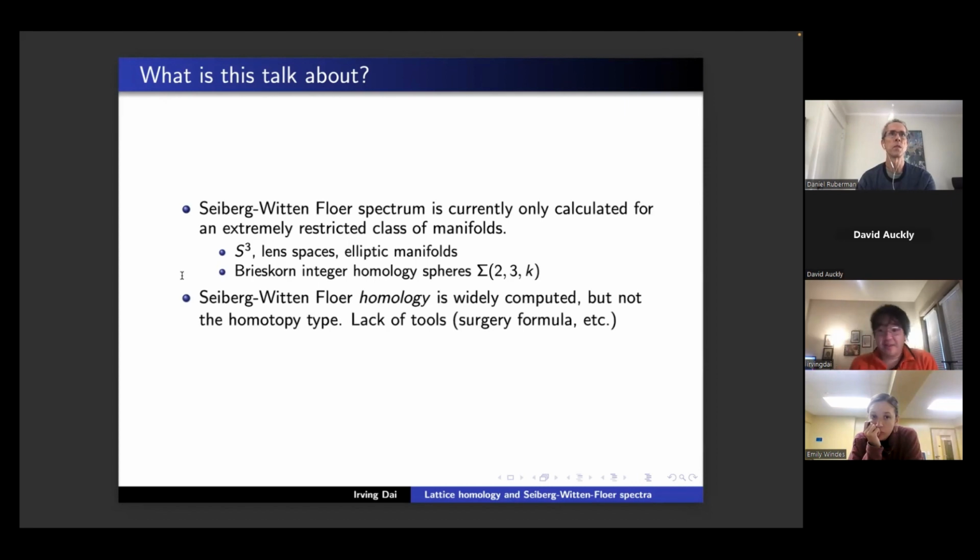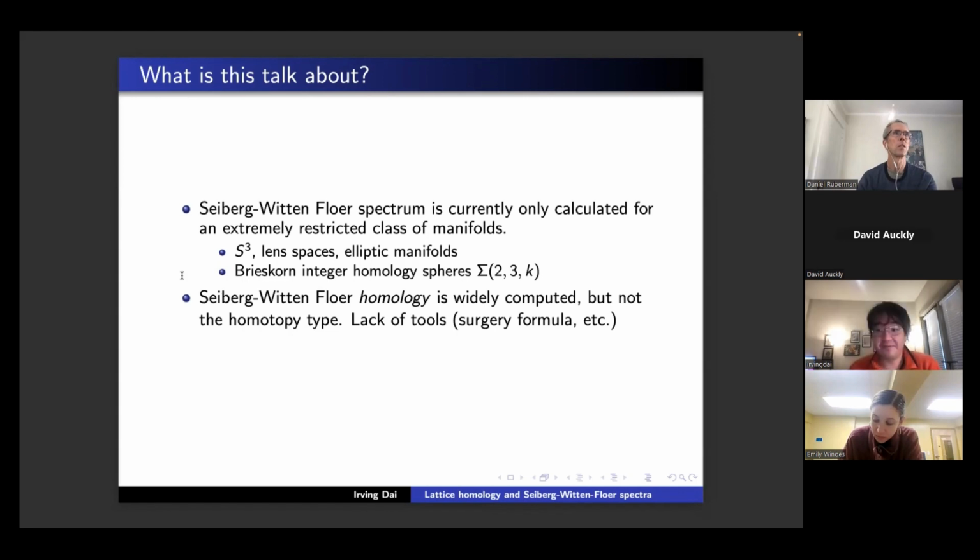Let me point out that the Seiberg-Witten-Floer homology is, of course, widely calculated. One reason is that it's isomorphic to Heegaard-Floer or monopole Floer homology, which are more computable theories. But the homotopy type is not widely computed, and that's because for these other homology theories, there are many computational techniques that are known.